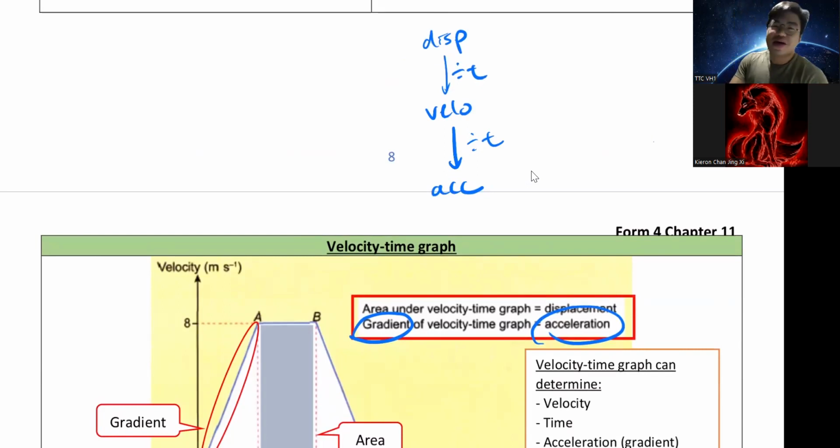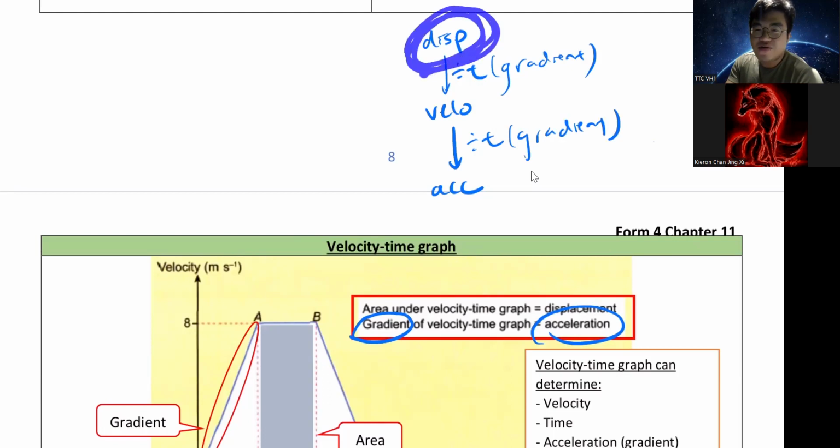As in sasaran and halaju. If you see displacement, sasaran, the graph just now, this is your sasaran graph. So the gradient is going down, divided by time. This is gradient. So for the displacement time graph, the gradient is velocity.